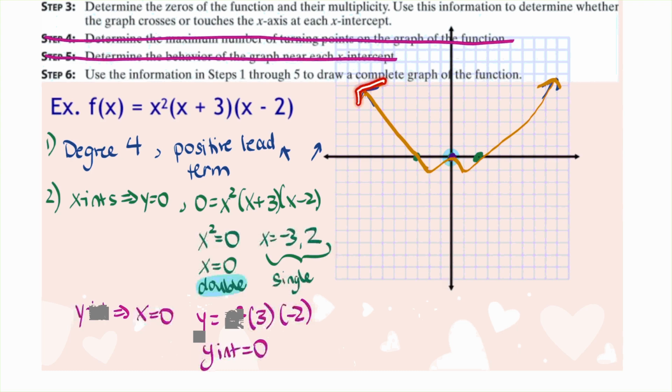The fact that the end behavior is increasing on both ends, the fact that these are our x-intercepts and our y-intercept, and the fact that at this intercept, I'm not going through, it's 0, 0, I'm bouncing off the axis. So those are the things I'm looking for, is that you have the correct intercepts, the correct end behavior, and that you are bouncing off the graph when you need to bounce off the graph, like at a double root.